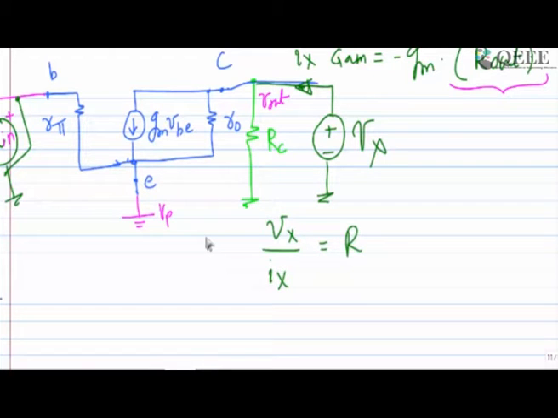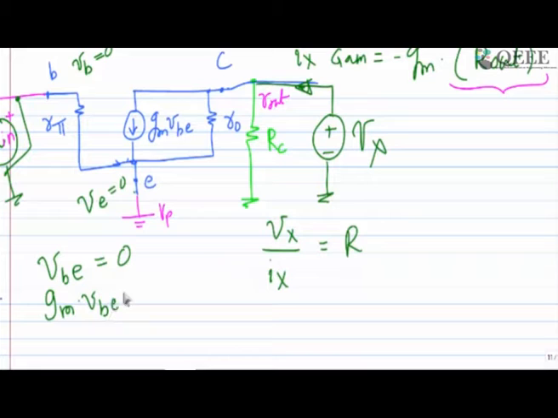So if that is the case, my base voltage VB becomes 0, and this point is also 0. So can we call VBE equal to 0? If so, gm times VBE is equal to 0. Resistance between 0 and 0 has no use, so it becomes a simpler circuit.